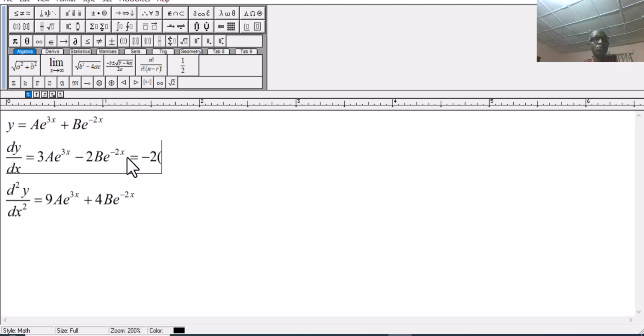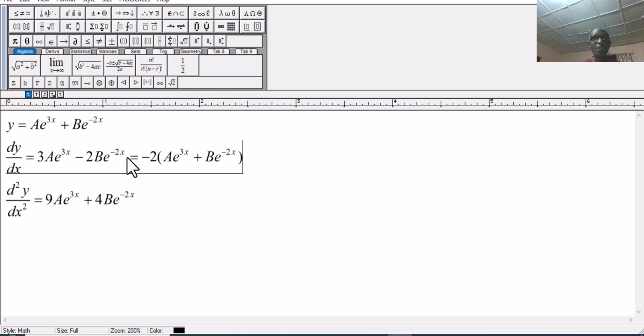So this one will now be minus 2 times (a e raised to 3x plus b e raised to minus 2x). Don't worry if it looks strange.